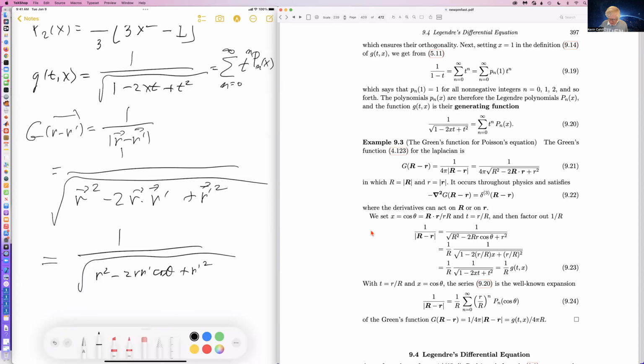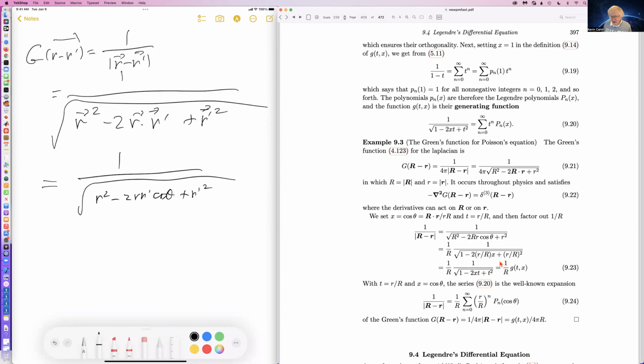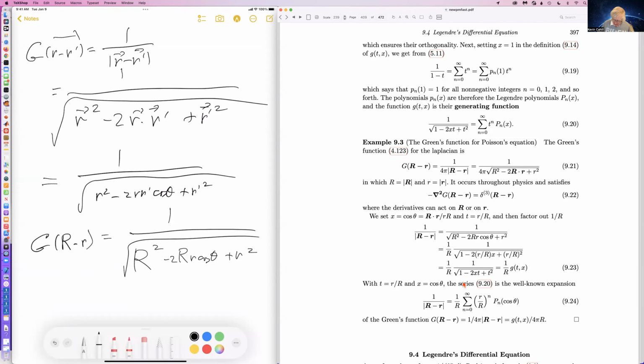And if we then go to some limit in which r prime is small and r is big, then we would say g of r minus little r is equal to 1 over the square root of big R squared minus 2 big R little r cos theta plus little r squared.